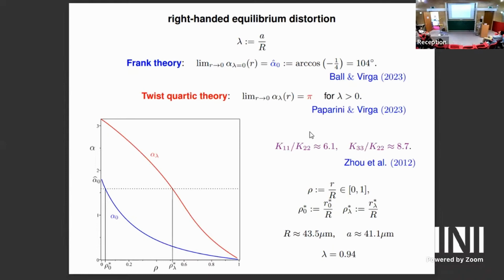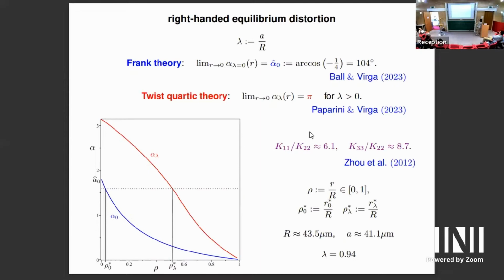A first qualitative difference between the two theories is the asymptotic value of the twist angle at the center of the sphere, which is pi only within the twist quartic theory. And so the radial hedgehog and the twisted hedgehog at the center of the sphere are completely bridged only within the twist quartic theory.